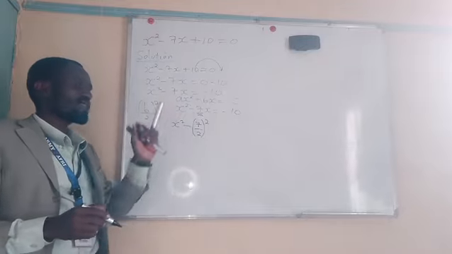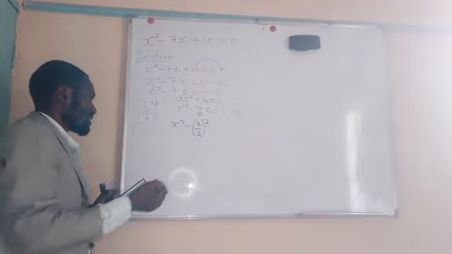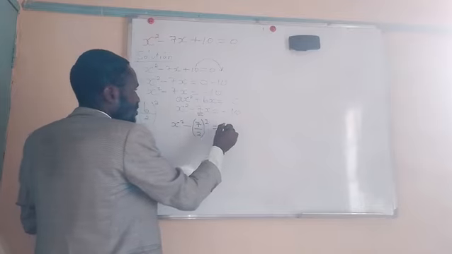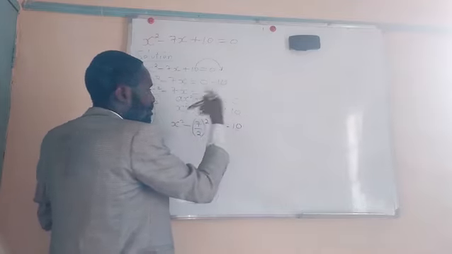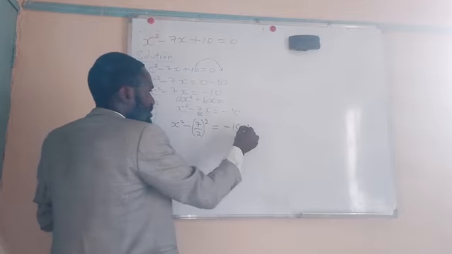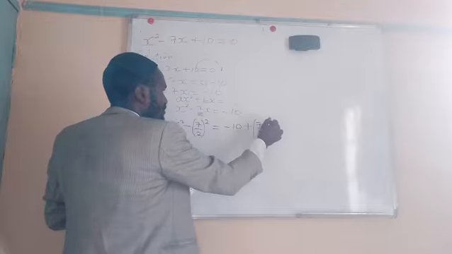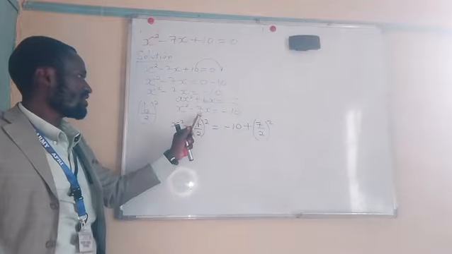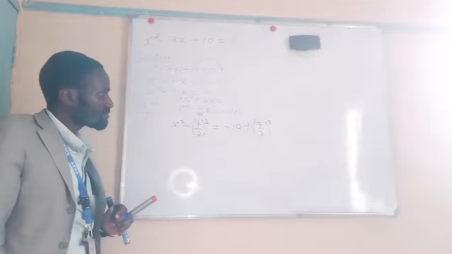There's no need for me to write that x again. You can drop it at that point. So that must be equal to negative 10. Of course, we are completing the square, so we still do the same thing. So we shall say 7 over 2, and this is also squared.